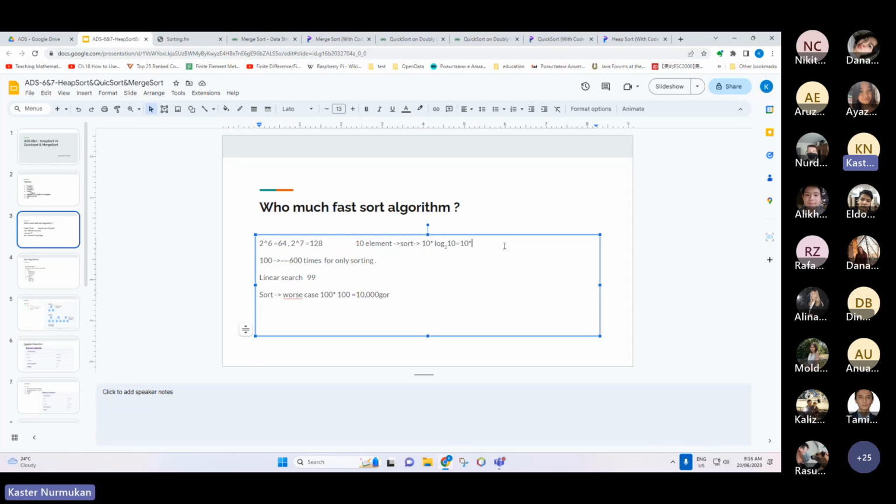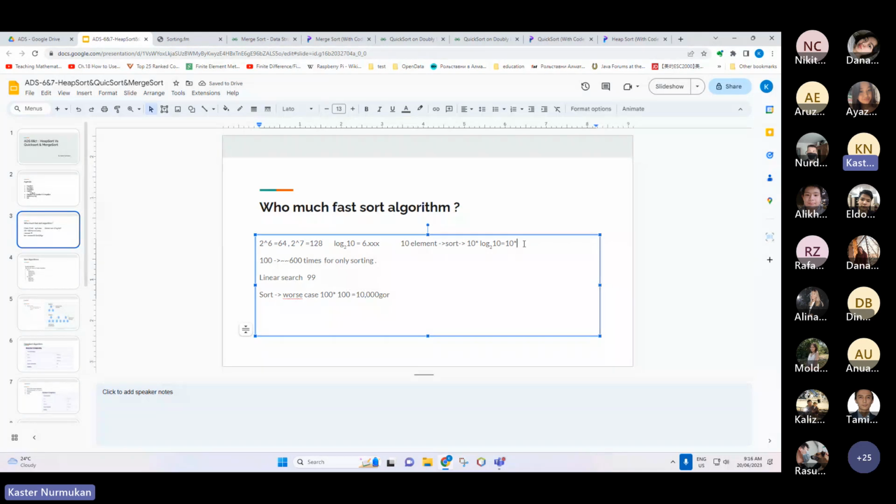For example, on average, it should be 6 point something, so it's more than 6, right?